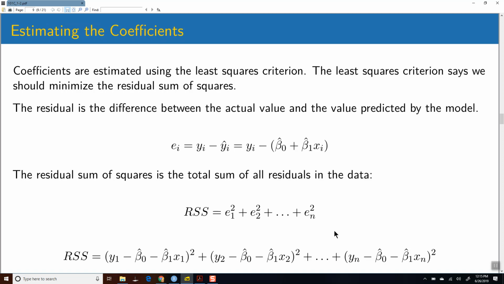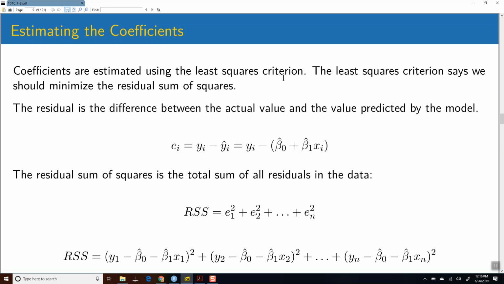And the way we choose to estimate these coefficients is we're going to use the least squares criterion. If we say, I'm going to choose this value for beta 0 hat and beta 1 hat, somebody might say the slope should be 2 and the intercept should be 1.